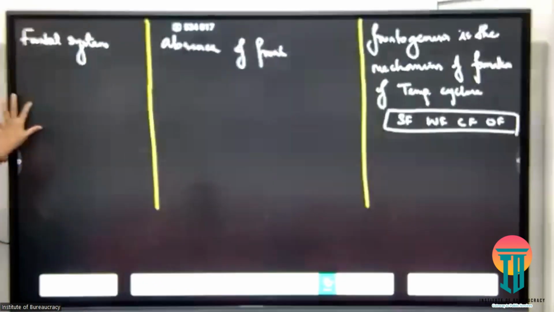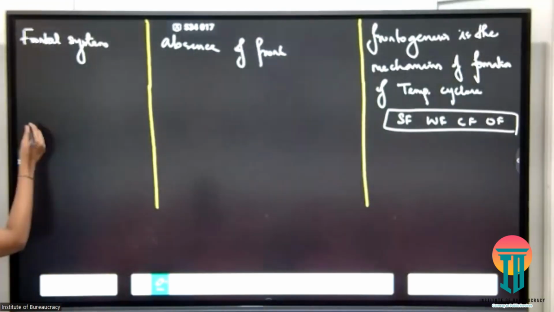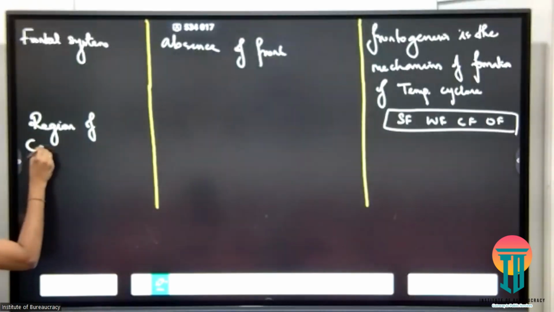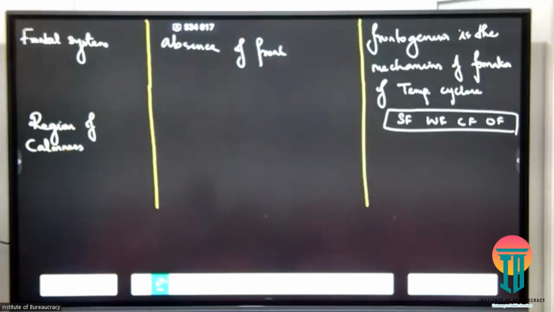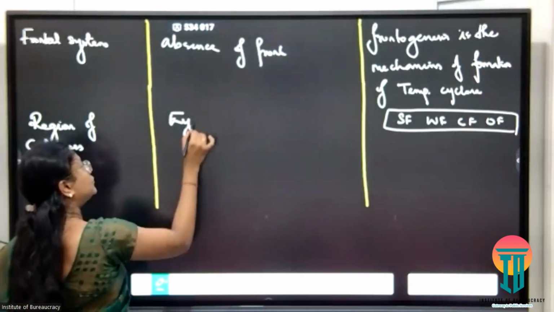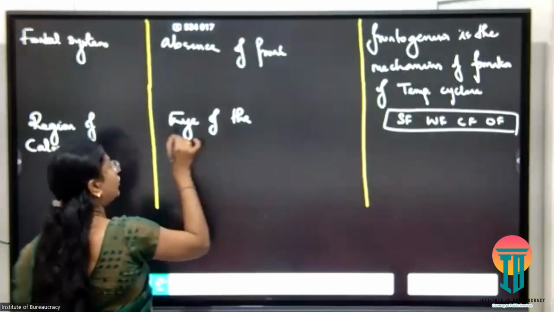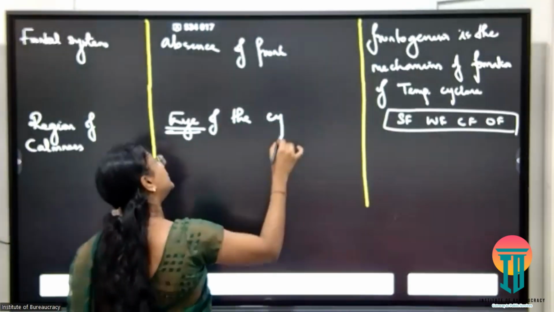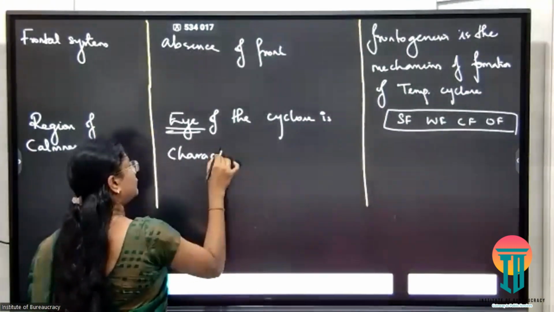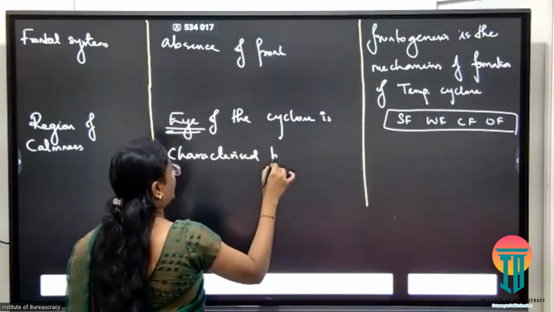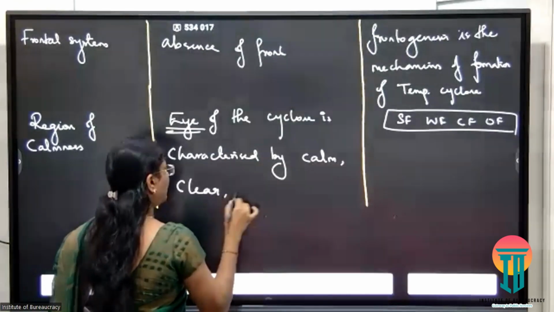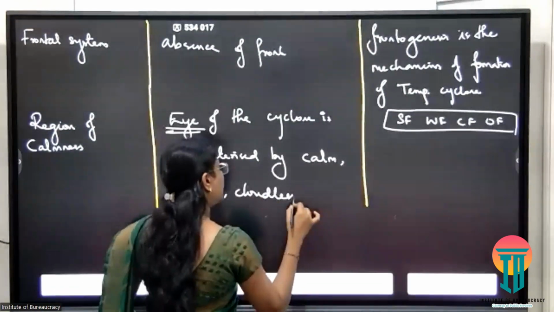The next one, region of calmness, meaning inactive wind movement. Is there such a zone in tropical cyclones? Obviously yes. I hope you all remember, the eye of the cyclone is characterized by calm, clear, cloudless sky.